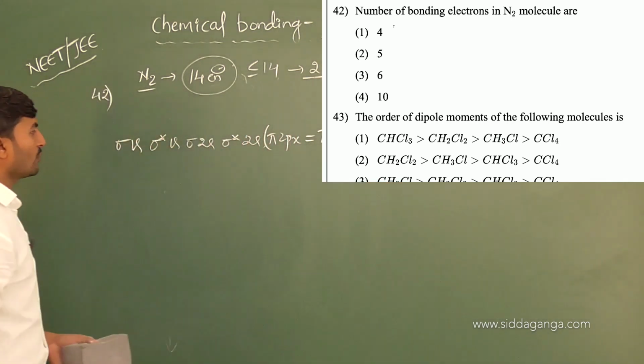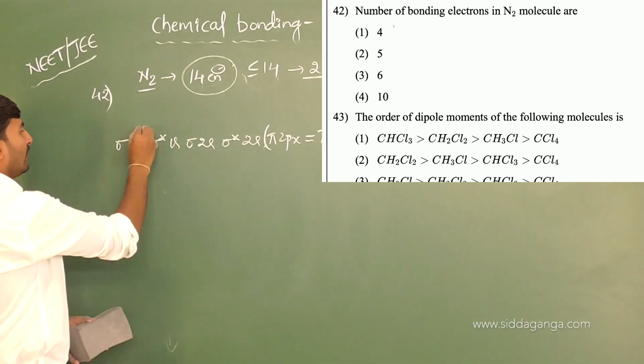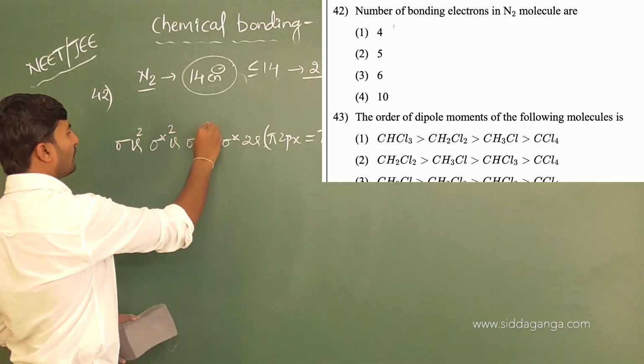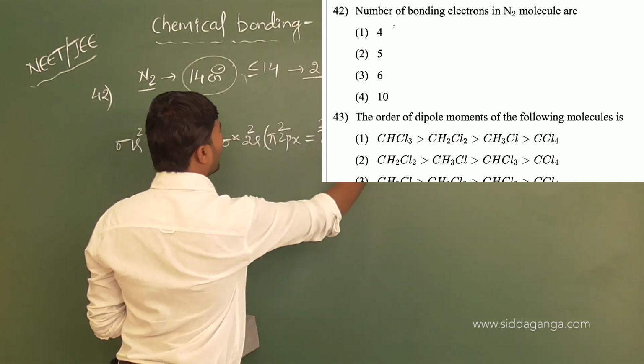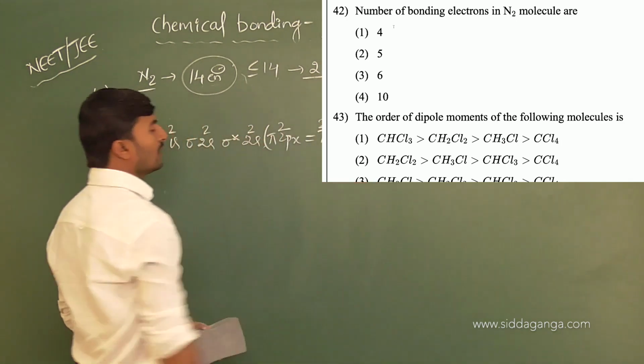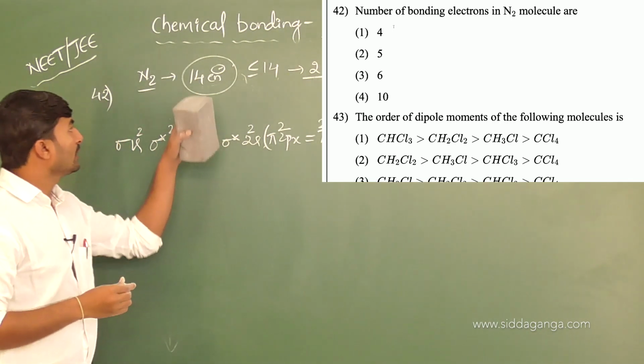Now we have to distribute the 14 electrons: 2, 4, 6, 8, 10, 12, followed by 14. This is the molecular structure of the N2 molecule.